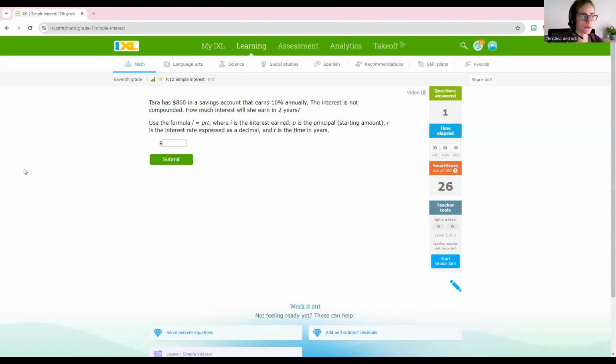All right, as with formulas, I said this at the very beginning, but the general consistency with any formula is you pick the formula. It's a simple interest formula right here for us. Next up is to identify the information. So that's what we do now. I can see that I need the P for principal, and she has $800 in her account.